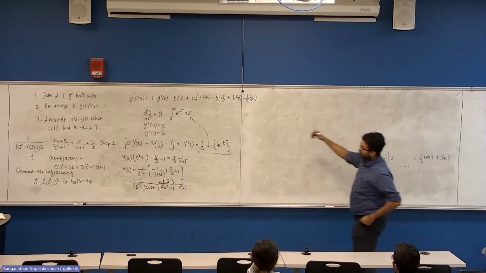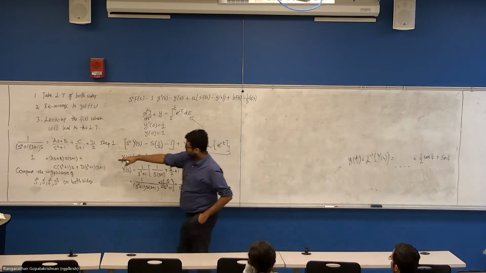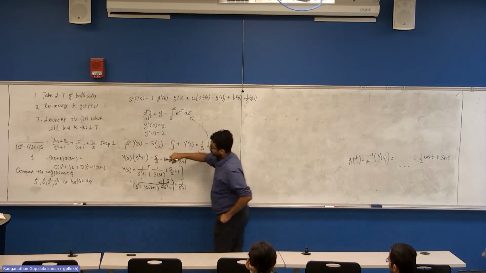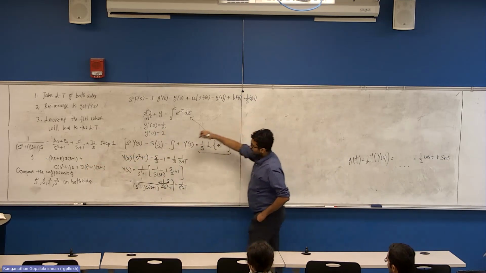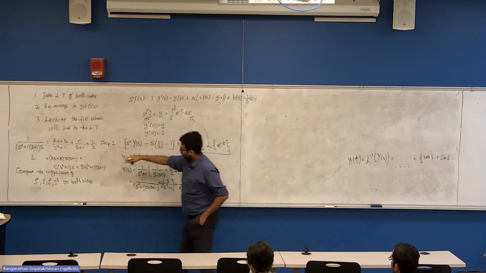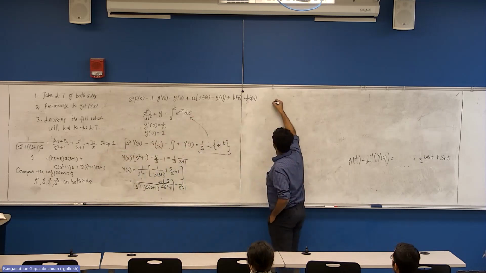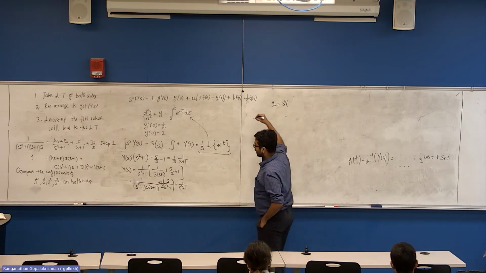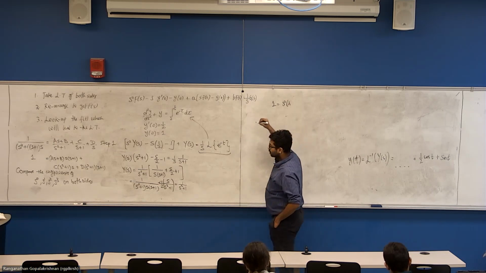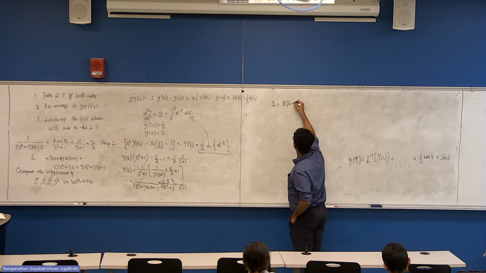So if we take this polynomial, you're going to get s cubed in all the terms. So you will have 1 equal to s cubed times (a plus c plus d), right?